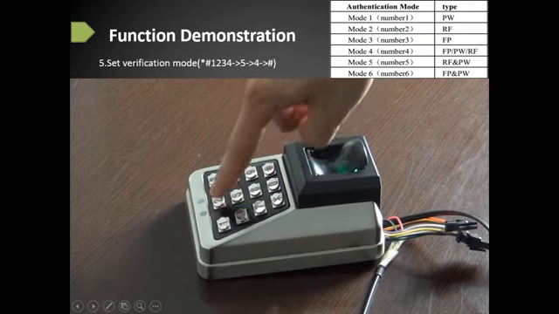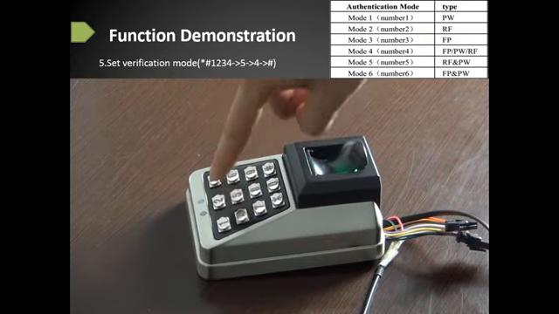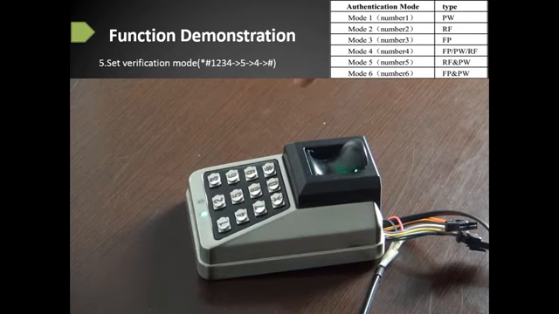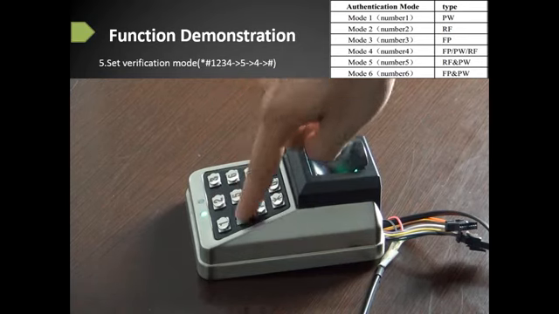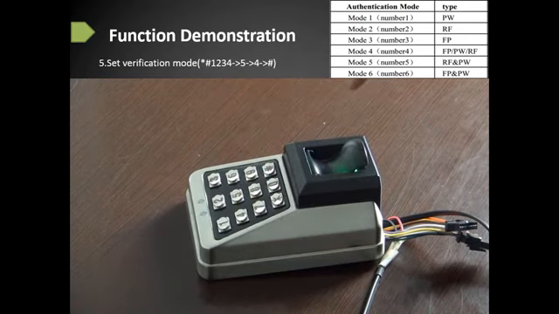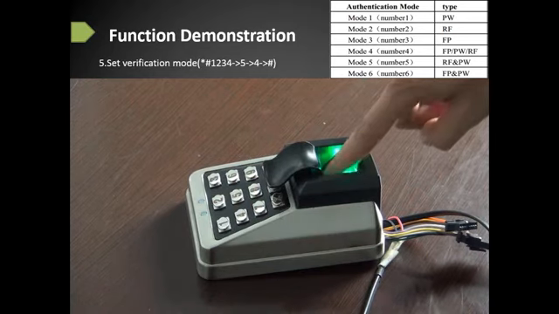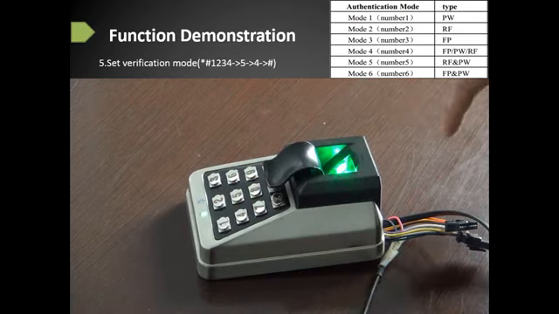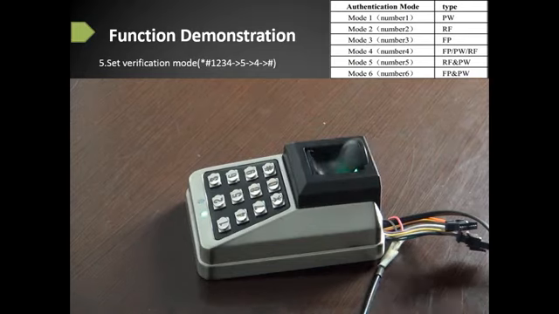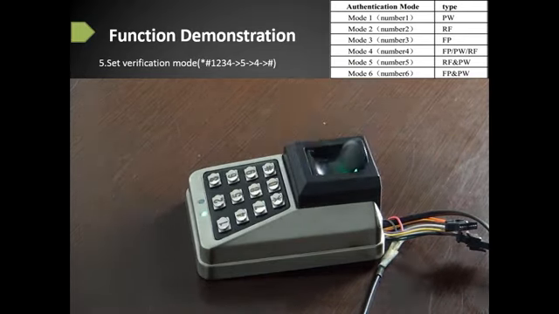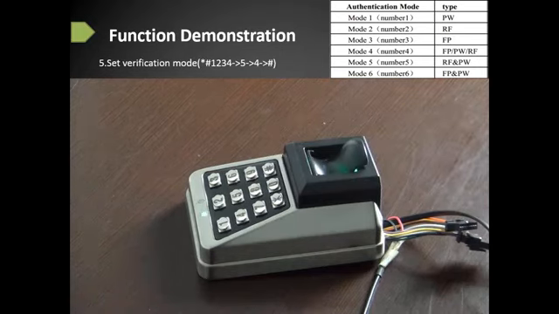I also enter the administrator mode by inputting star key, pound key, 1 2 3 4, and then input number 5, and then input the 4. 4 means fingerprint, password, or RF card. Any of the three can pass the verification.